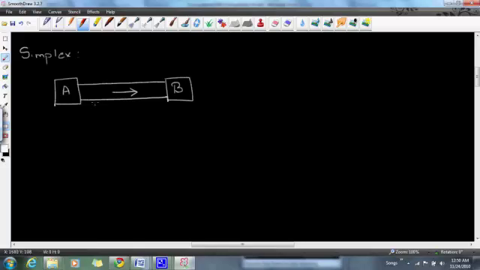So, over a simplex channel, either user A can send data to user B or user B can send data to user A. So if user A is sending data to user B, user B cannot use the same channel to send data to user A. An example of such transmission can be seen in everyday life in the form of TV or radio broadcasting.